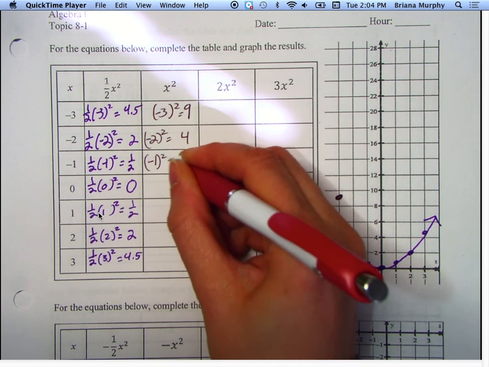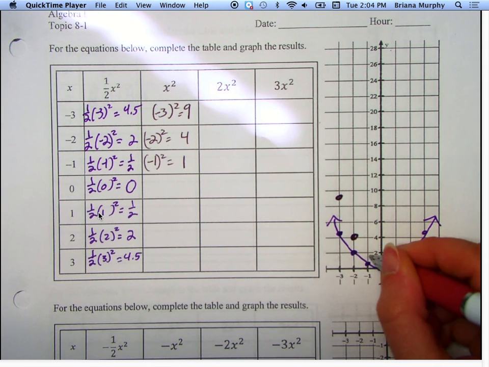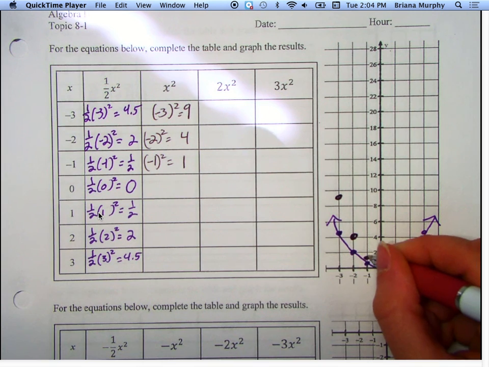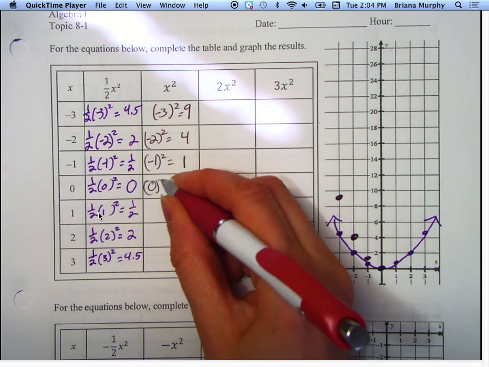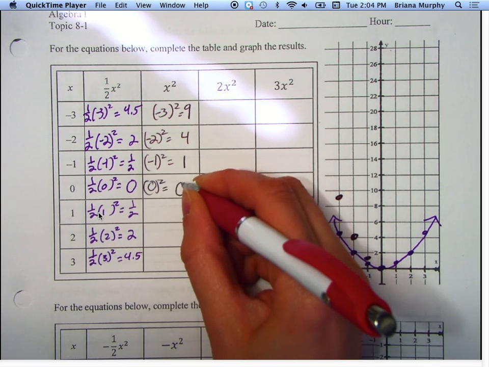-1 squared is 1. 0 squared is 0. Will you slow down a little bit?